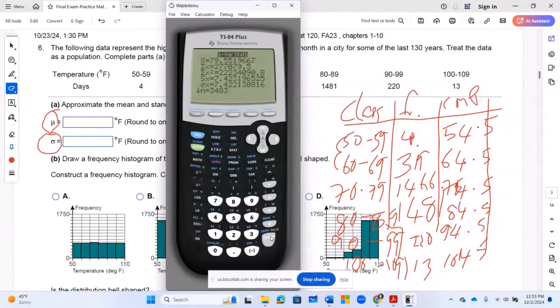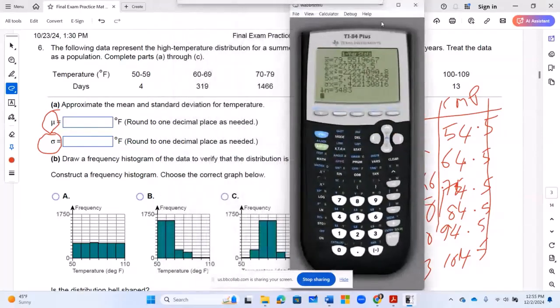When I calculate, I have the mean they're looking for, even though my calculator labeled it as 79.55 and said it's x bar. That is why you are the student, you are manipulating the calculator. You want to make sure that you put in mu. Then you find out how many decimal places you are told to round.